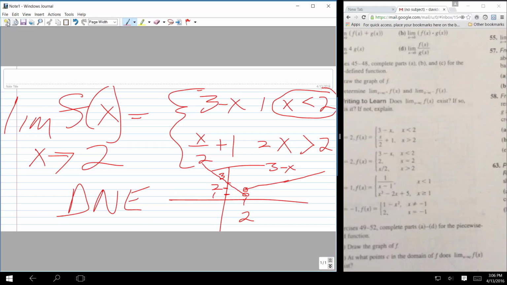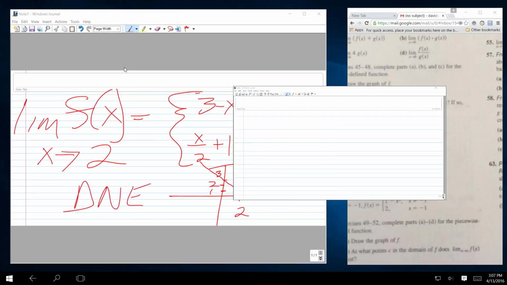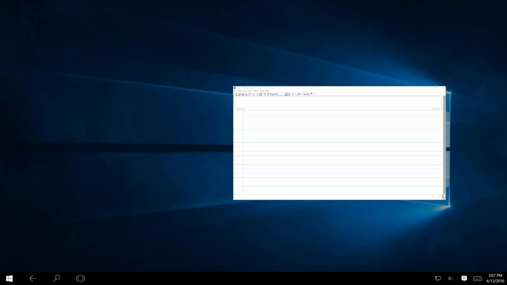Let's see. Hold on. I thought I remembered how this program worked, and I do like it better than my other one, but now something's wrong. My computer seems to be hung.